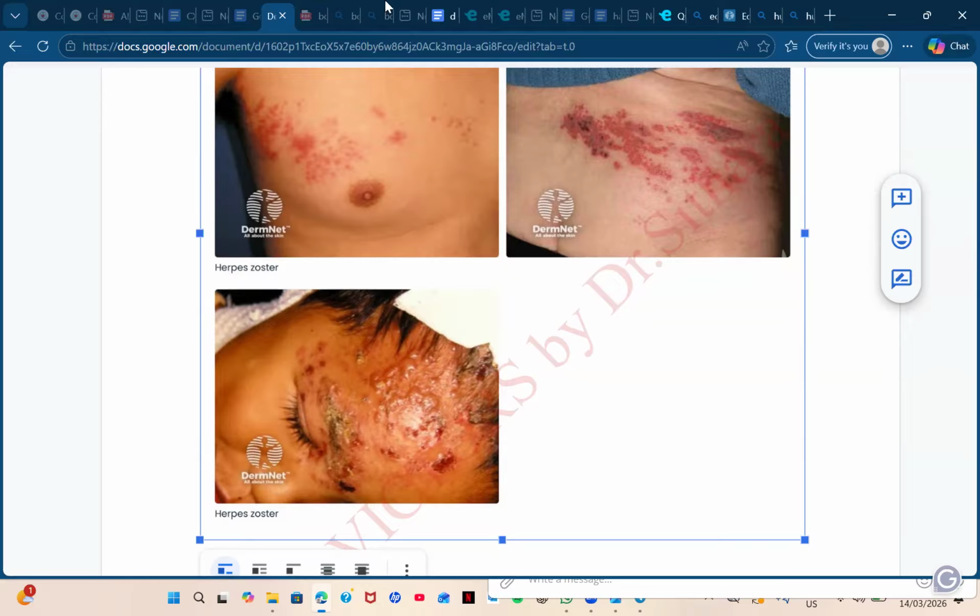I think it has been mentioned in the therapeutic guideline, doctor, because I can't find it. I'll share my note. Don't worry, okay?